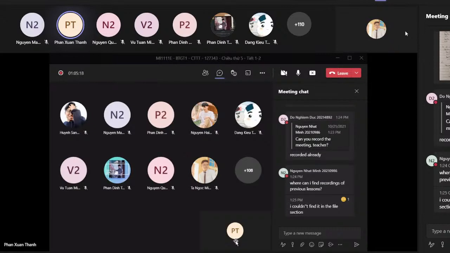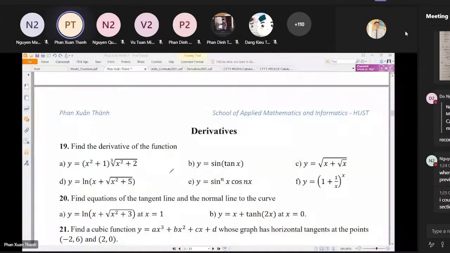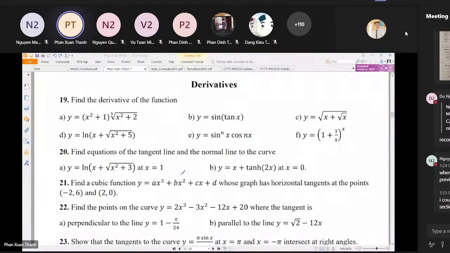And now let's come to the next chapter, on the derivative of the function. Let me do one of the exercises, exercise number 19.